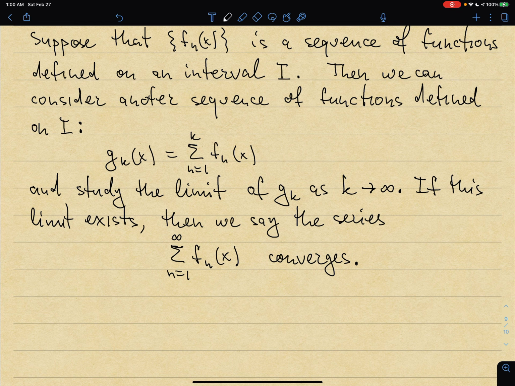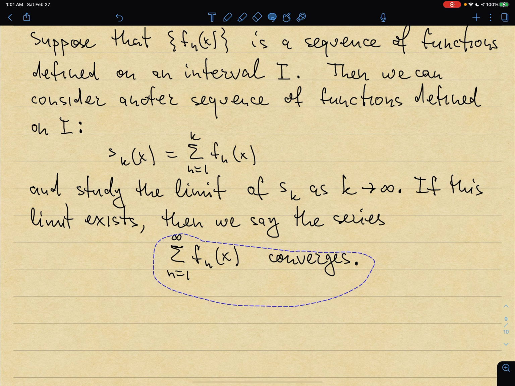And in fact, maybe let me change the notation here a little bit, because a partial sum is better denoted by s. So sk now is a function, and if I take the limit as k goes to infinity, and the limit exists, then I should be able to say that the series of functions converges.